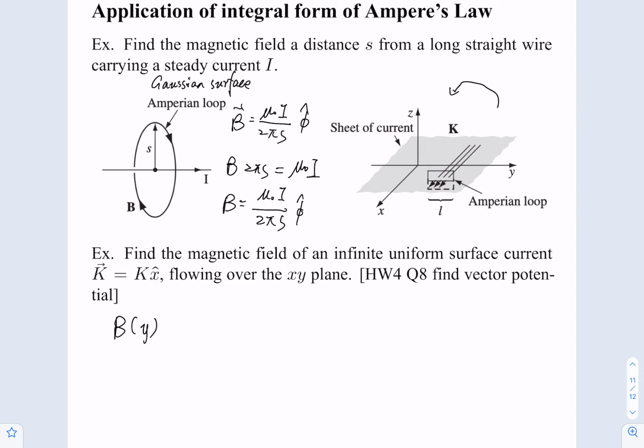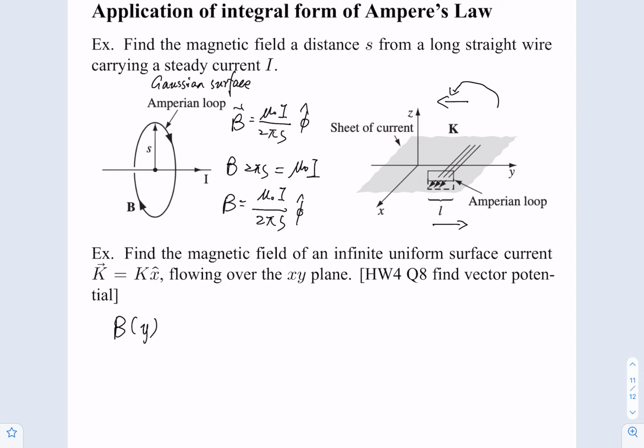Because of the symmetry, the B field on top should be in the opposite direction to below.